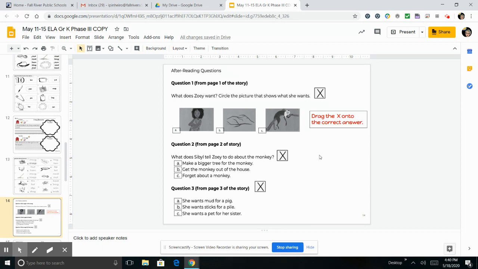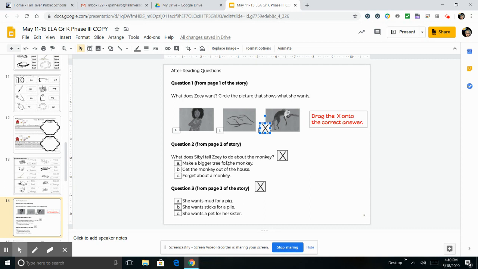If you're doing it on the computer, you can drag the X to the answer. So what does Zoe want? Does she want Sybil to be mad at her? Does she want sticks? Or does she want a monkey for a pet? So we know she wants a monkey for a pet. So put the X right there.